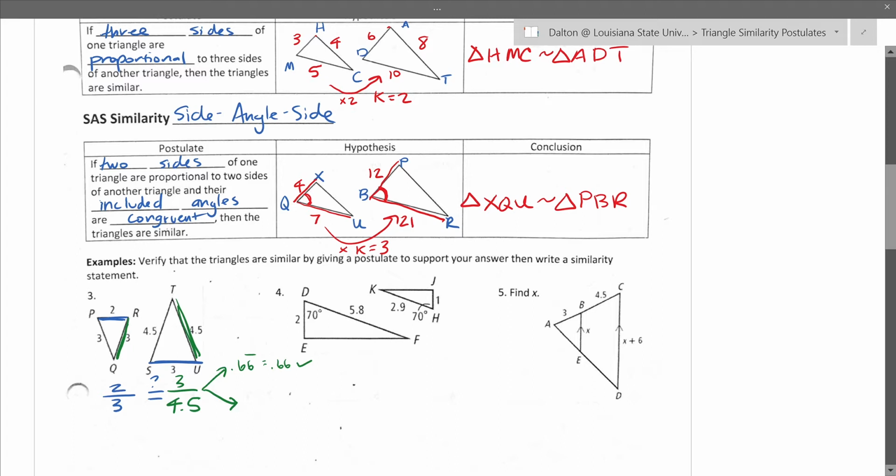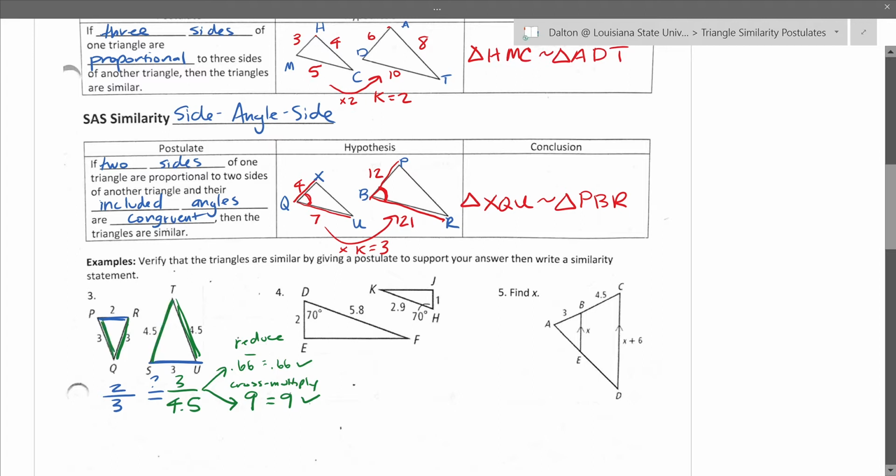If you cross multiply, you get 3 times 3, which is 9, and 2 times 4.5, which is also 9. So this first part is either just reducing, or you can cross multiply. I don't care which way you prove that they are proportional. Either way, you've shown that that's enough. And I know that's only 2 sides, right? But the third side is the same measurement, so we know it's going to be that ratio as well.